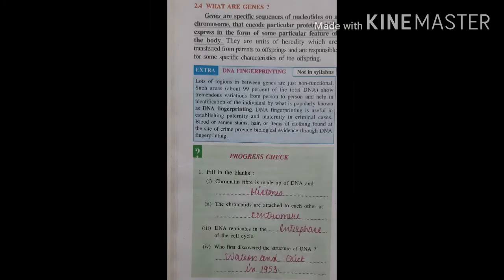Now the next term is genes. Already we have studied what a nucleotide is, a component containing sugar, phosphate and nitrogenous bases. So genes are specific sequences of nucleotides on the chromosome that encode a particular protein, that give the message for a particular protein which is expressed in the form of some particular feature of the body.